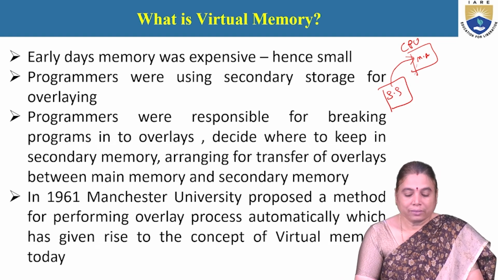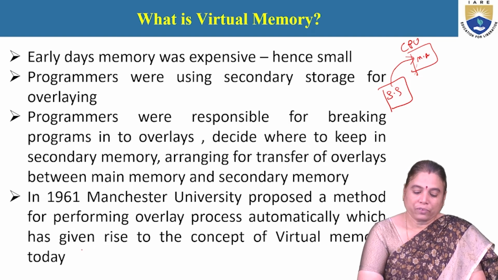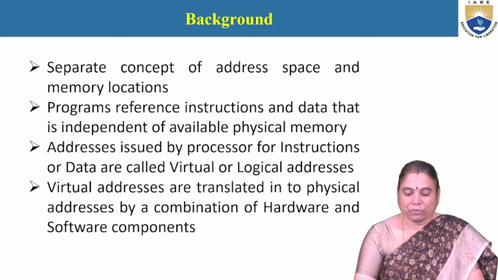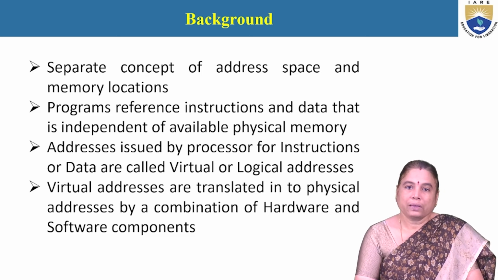But in 1961, Manchester University proposed a method for performing the overlay process automatically, which has given rise to the concept of virtual memory today. With the concept of virtual memory, the programmer can have an illusion that he is working with a very large volume of memory and the CPU can execute the program at once.